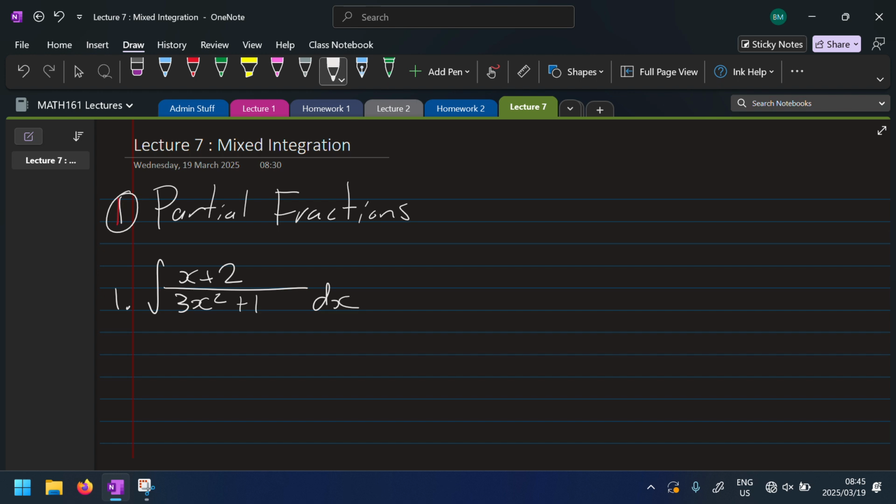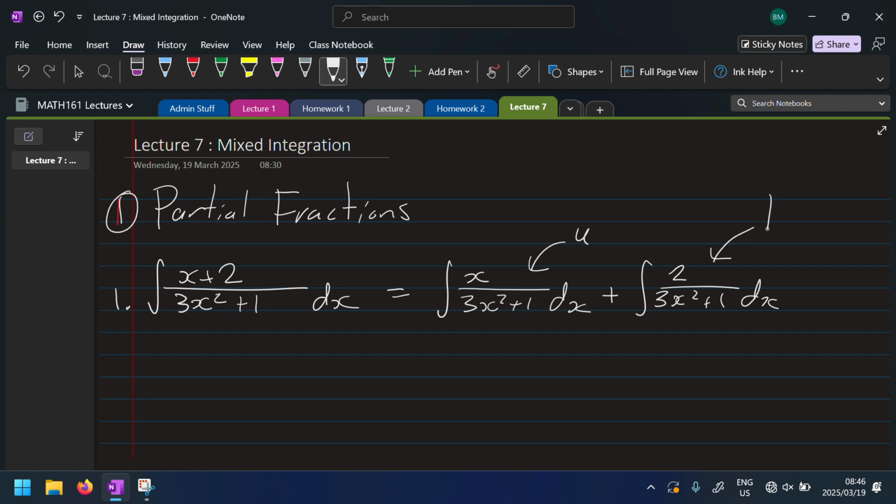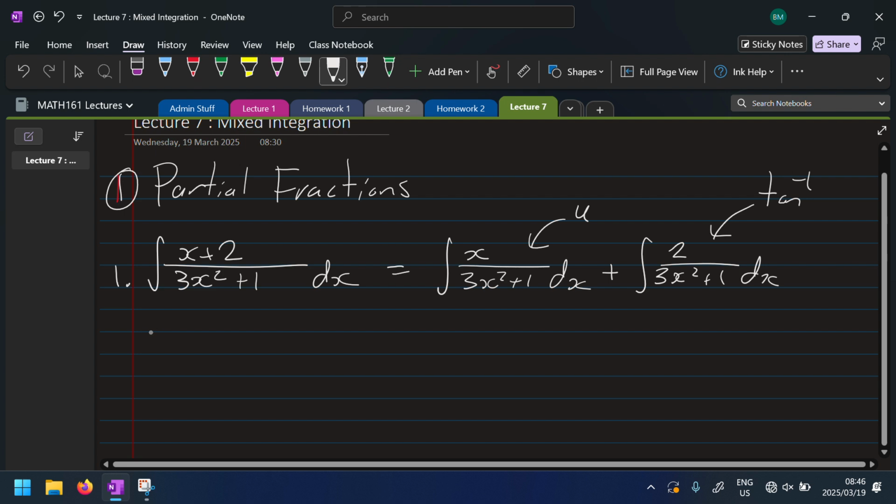So you could split this up into 2 parts and have the integral of x over 3x squared plus 1 and do a u sub for this, plus the integral of 2 over 3x squared plus 1. And we know this will be something with arctan. You could do it like that. But immediately we see a polynomial divided by a polynomial, we can do partial fractions.